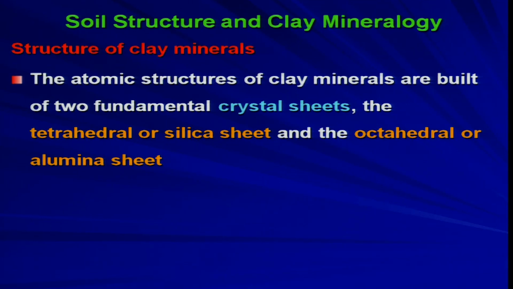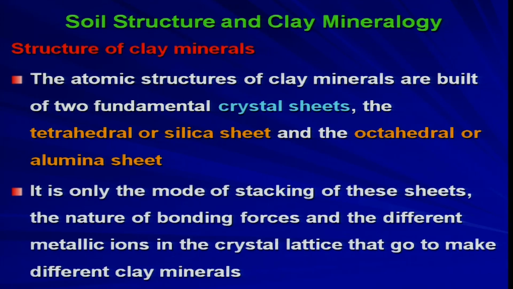One is the tetrahedral or silica sheet, another one is the octahedral or alumina sheet. Now, what are these sheets? It is only the mode of stacking of these sheets, because one after another these sheets will be stacked, and then based on that you will be getting different clay minerals.